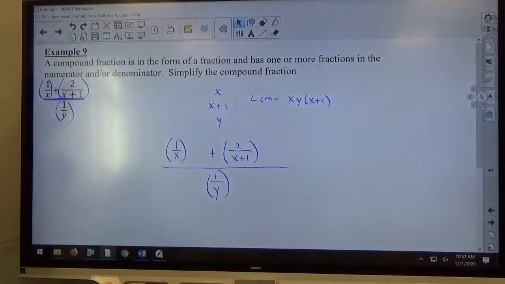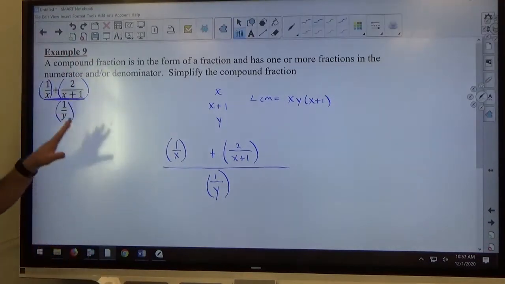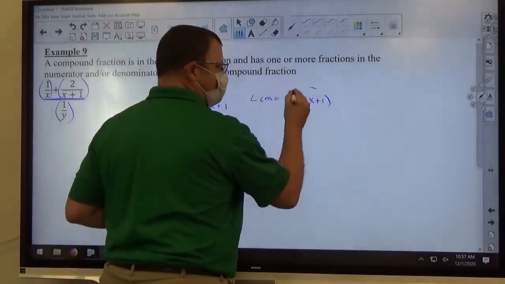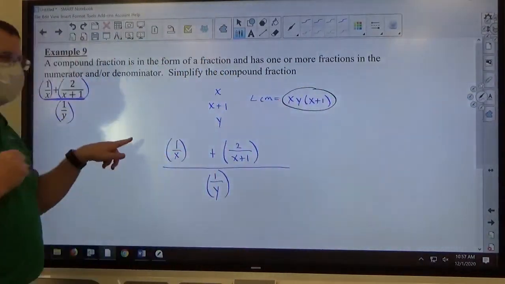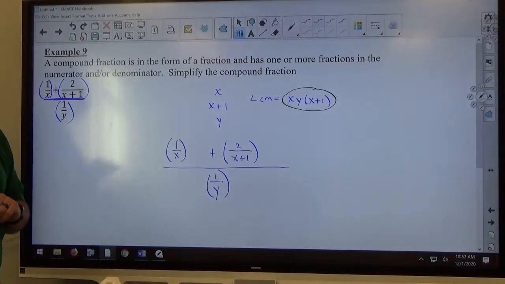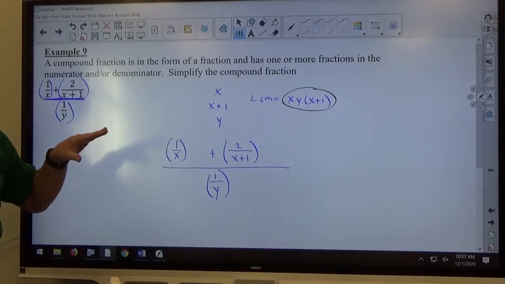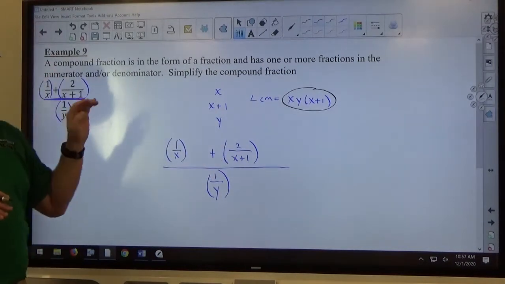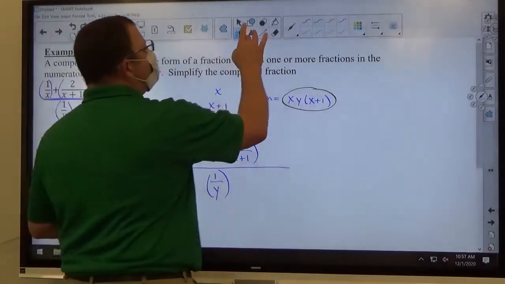So what we're going to do is whatever the least common denominator of all the fractions in the problem is, which is this guy here, we're simply going to multiply each piece, this piece, this piece, and this piece, whether or not they're fractions or not. In this case, they're all fractions. That doesn't matter. If this said plus 7, I'd multiply that times it also. So every piece, so every term you're looking at.